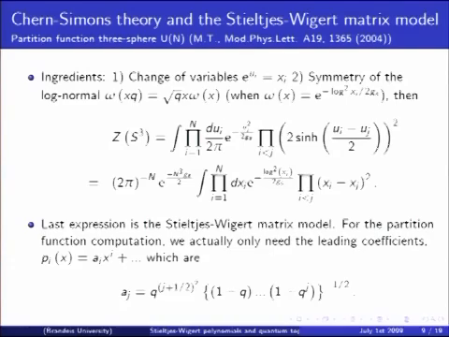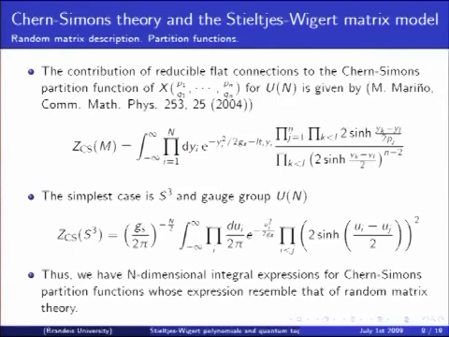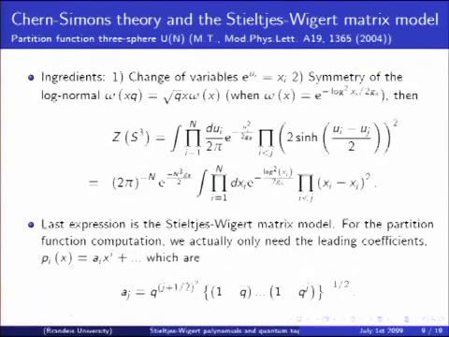This is very similar to a Gaussian ensemble in random matrix theory, except that instead of the Vandermonde determinant you have the Gaussian factor here, the interaction term, which is exponentiated. So it's a much more fluctuating model, but very similar to a Gaussian ensemble.